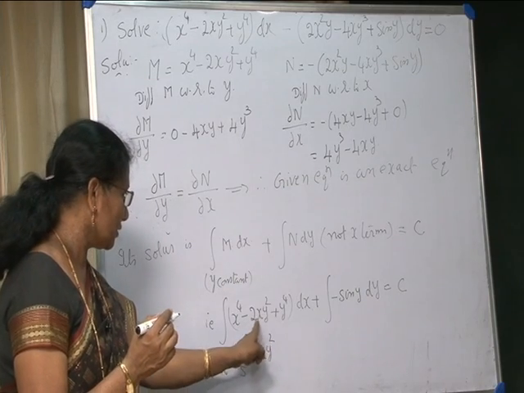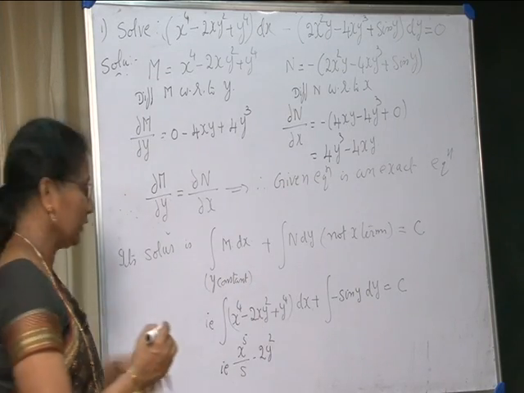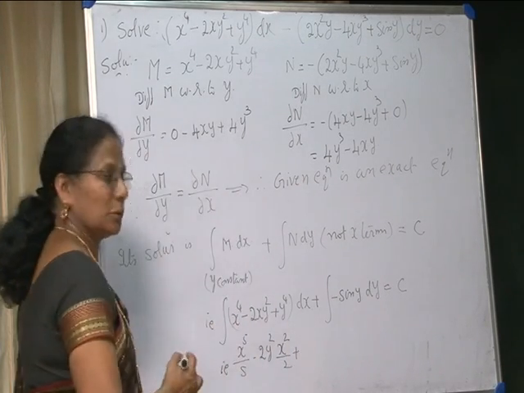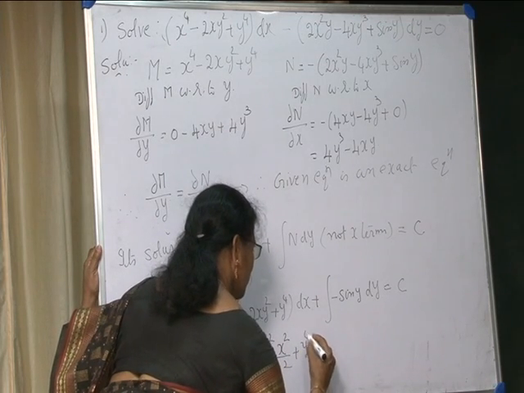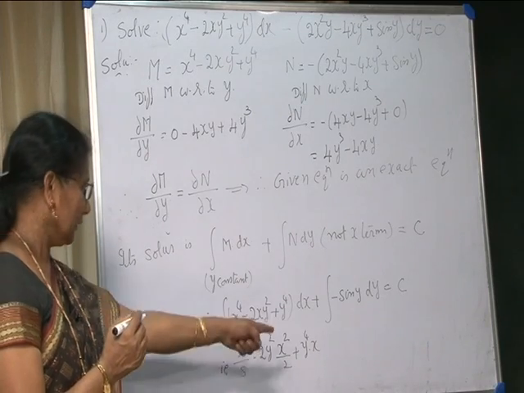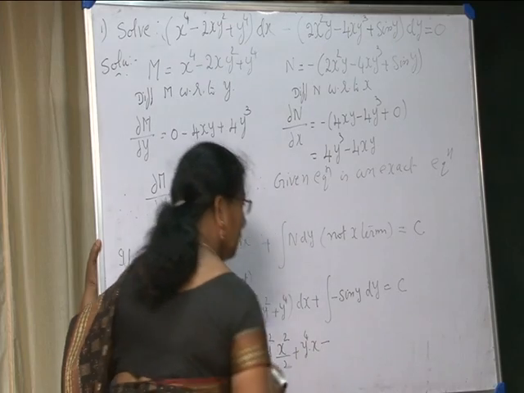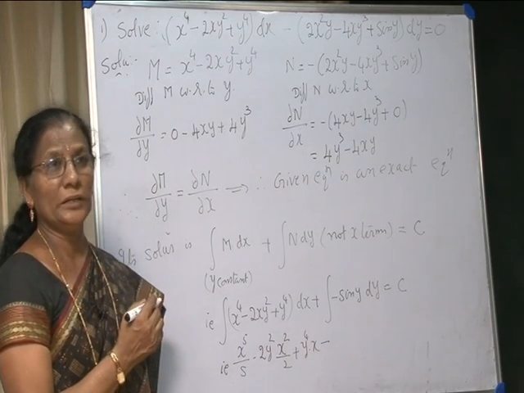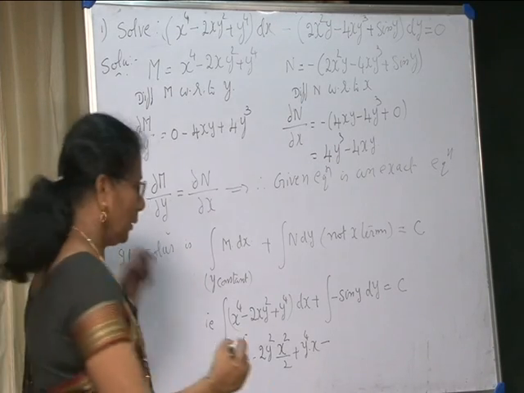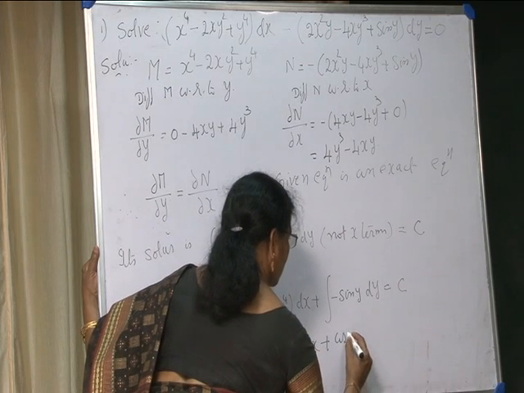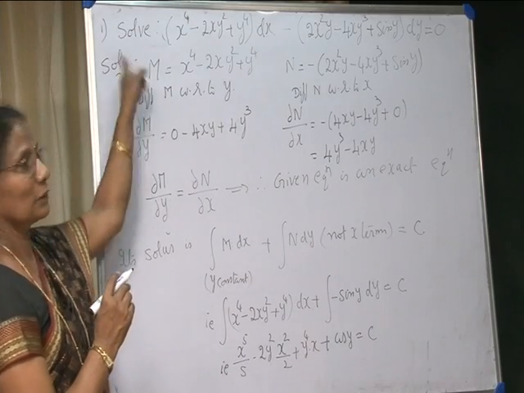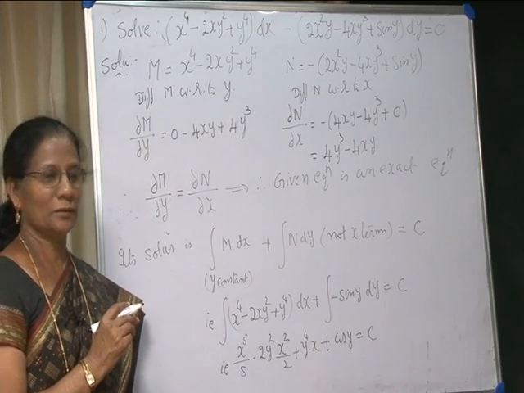So 2 is constant, y squared is constant, integration of x with respect to x is x squared by 2, plus y to the power of 4, a constant, integration of 1 with respect to x is x, minus integration of sin y, integration of sin y is minus cos y. So minus into minus, plus, is equal to constant. This is the solution of the exact equation.